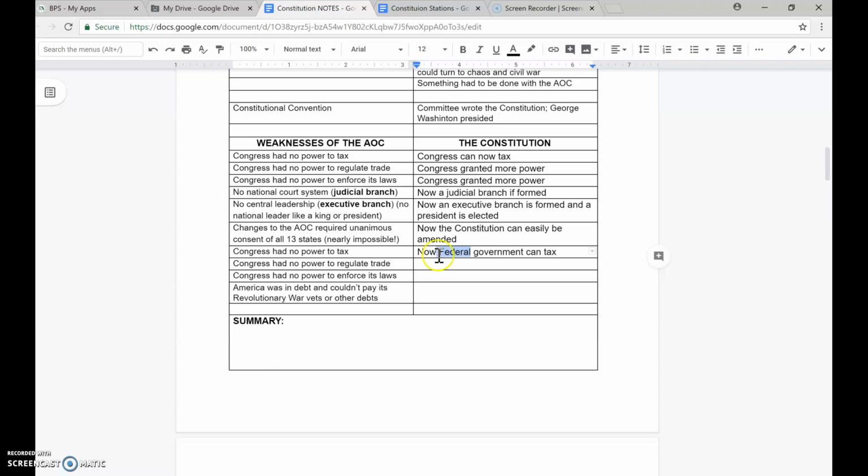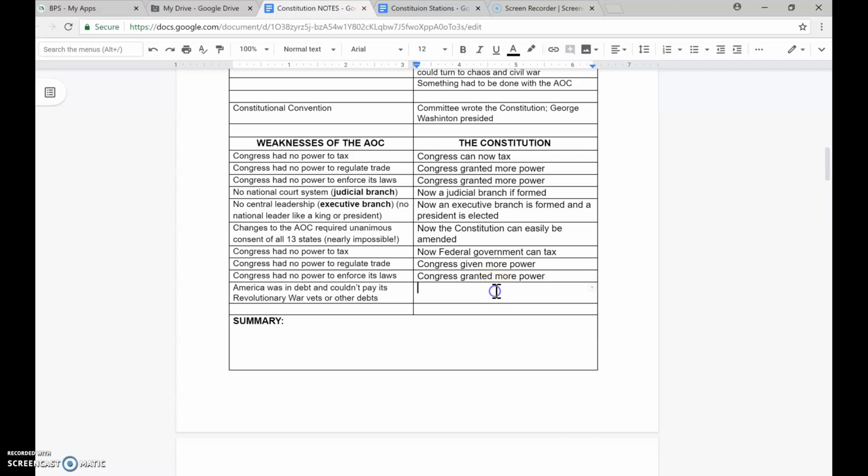They all mean the same thing. Congress had no power to regulate trade. Congress, okay, given more power. Had no power to enforce laws. Did we just do that? Yeah, that's on there twice. Sorry, guys. We'll just put Congress granted more power.